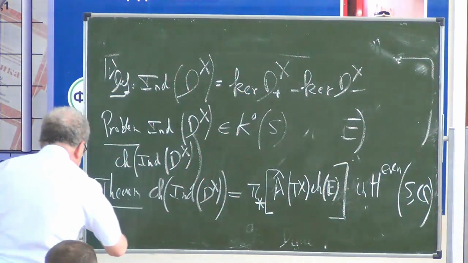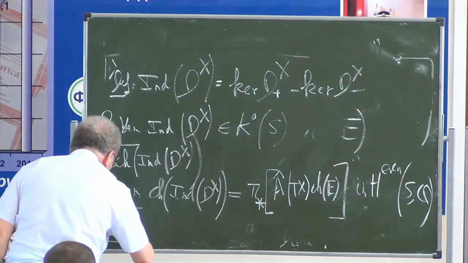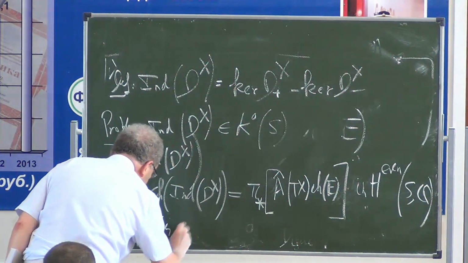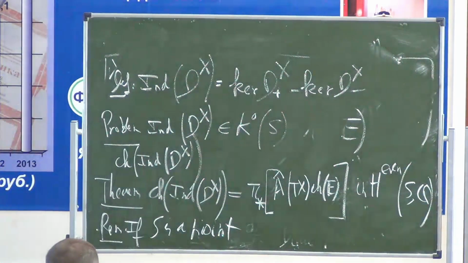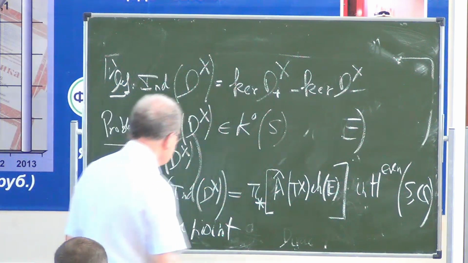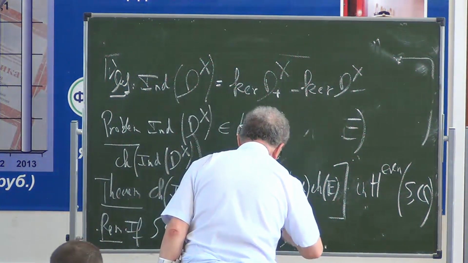So, remark: if S is a point, this formula is just the Atiyah-Singer index formula we just proved. This is the classical index formula.